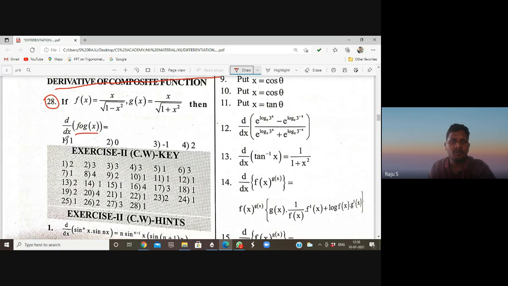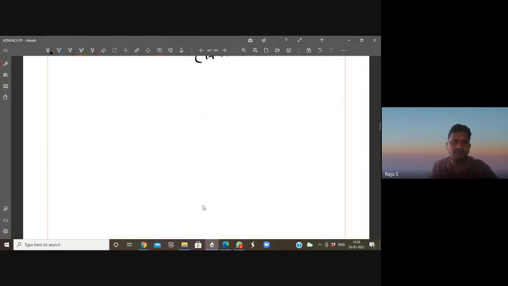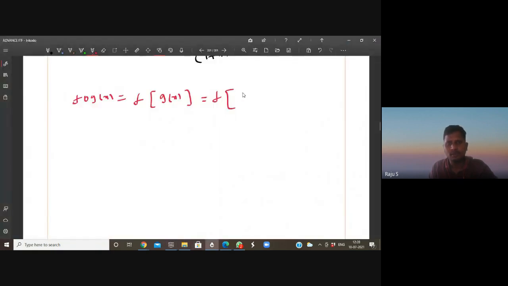Whenever we want to differentiate f circle g of x, first we should find f circle g. F circle g of x can be written as f of g of x. Students, what is the g of x value given here? x by root over 1 plus x square.